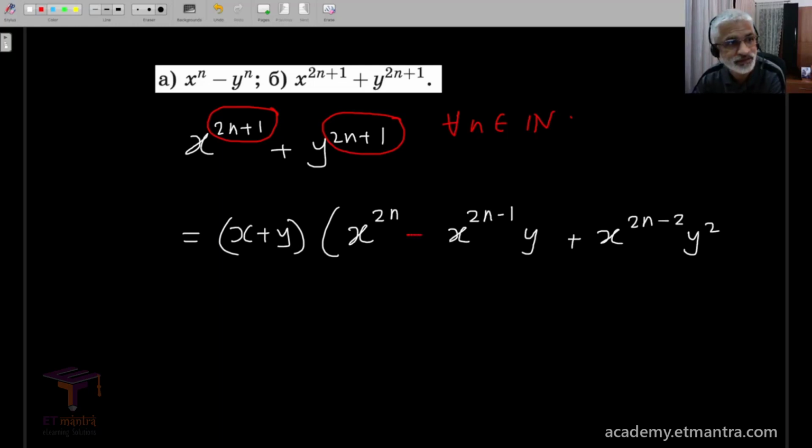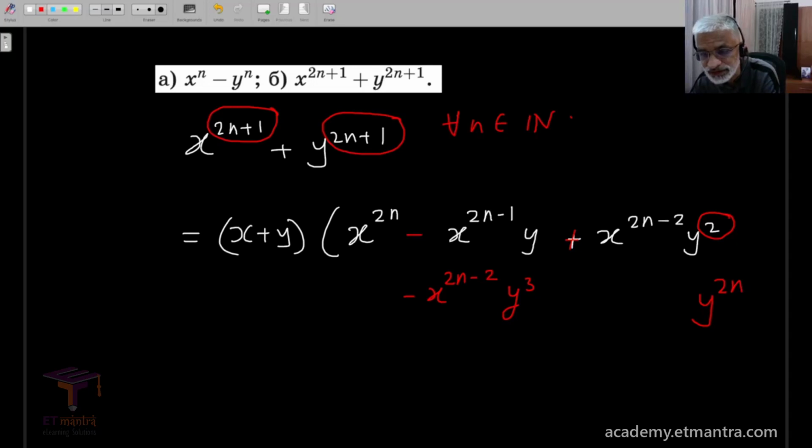And then again minus x raised to 2n minus 2 y cube. So please note that whenever the power of y is even, then the sign is positive. Now the last term you can easily guess is y raised to 2n, and now since it is even, you know that it ends with a plus. So with this we have written down the factorization of this expression.